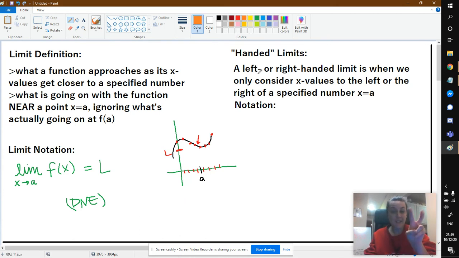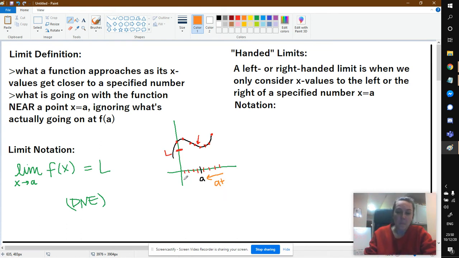There are handed limits. Sometimes, instead of asking where both sides of the function are getting closer to, we only want to care about the left side or the right side. If we only cared about coming in from the right side, it's called a right-handed limit, approaching a from the positive side of a.